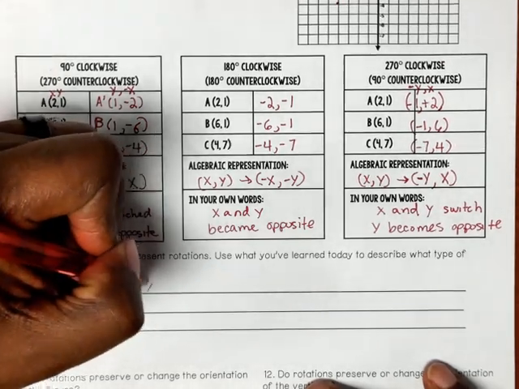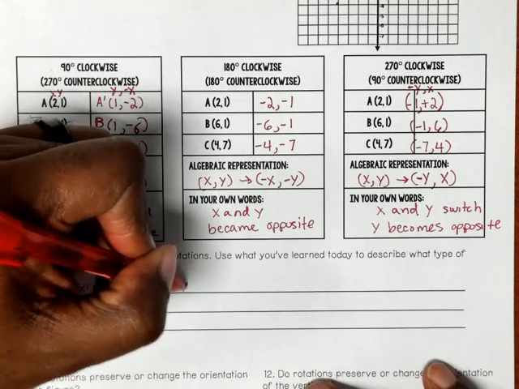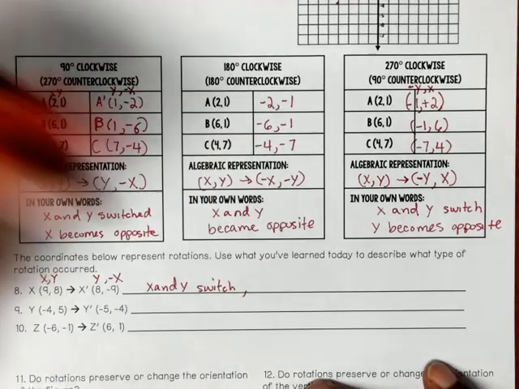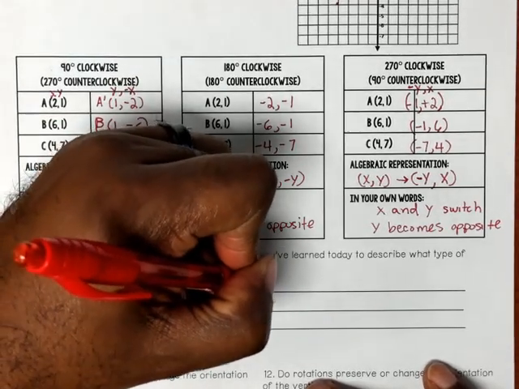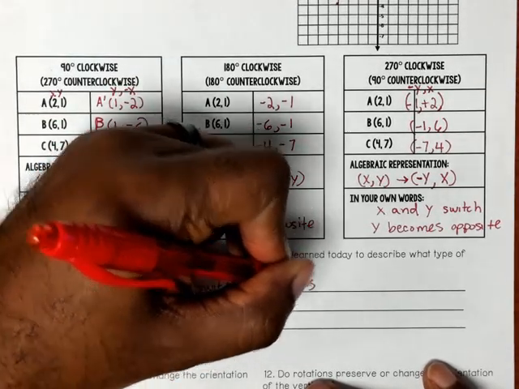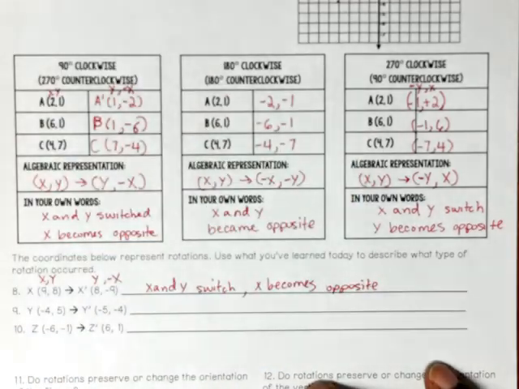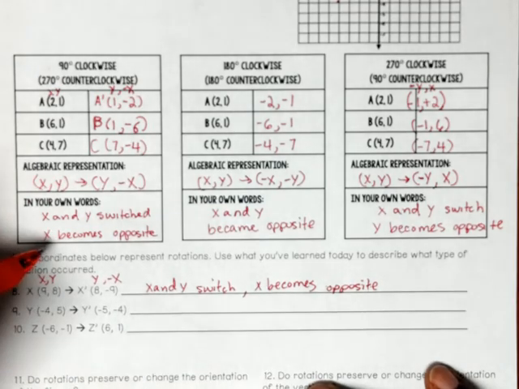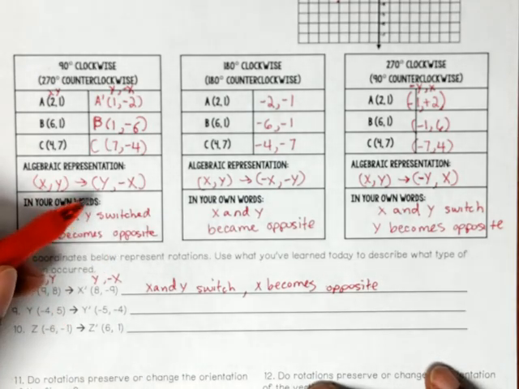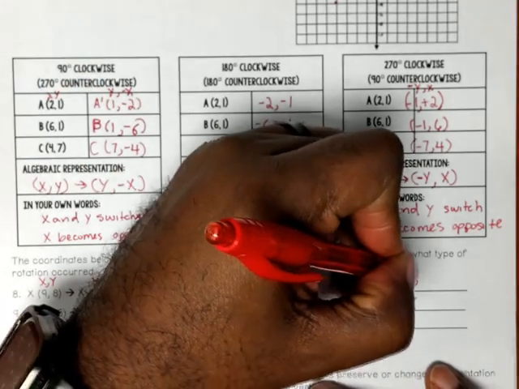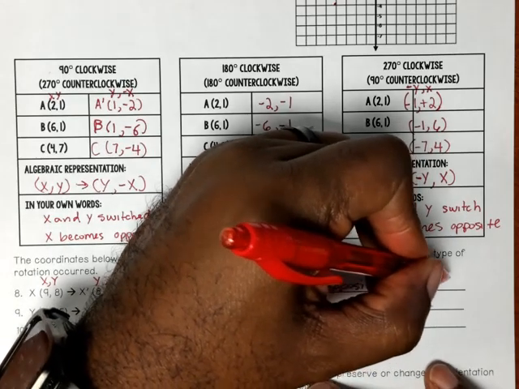So X and Y switch, X becomes negative or opposite. If X becomes opposite, that tells me X and Y switch, X becomes opposite, Y comma -X, that is 90 degrees clockwise. So we're going to write 90 degrees clockwise, or 270 counter.